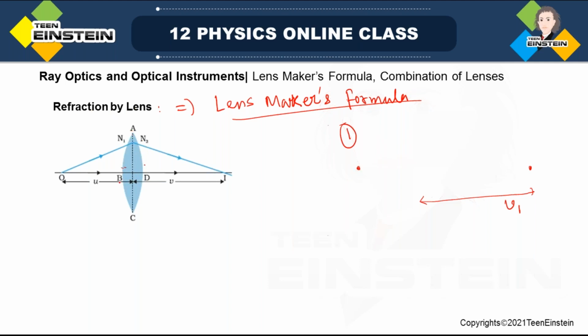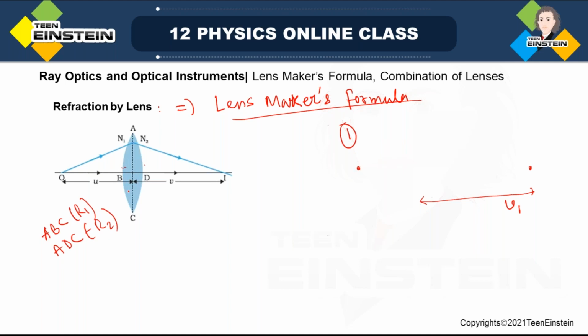So in this case, look, you have two surfaces ABC and ADC. ABC is one spherical surface, maybe having radius of curvature R1, and ADC is the opposite side, which has, suppose, radius of curvature R2 with a minus sign.